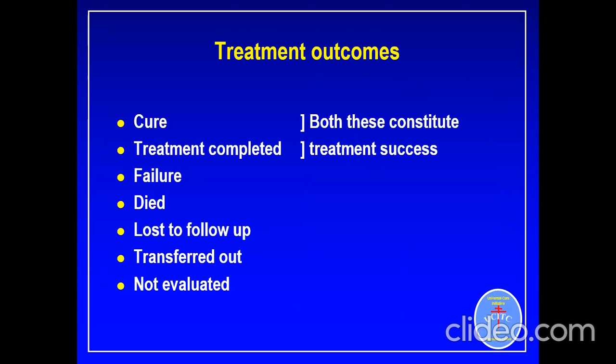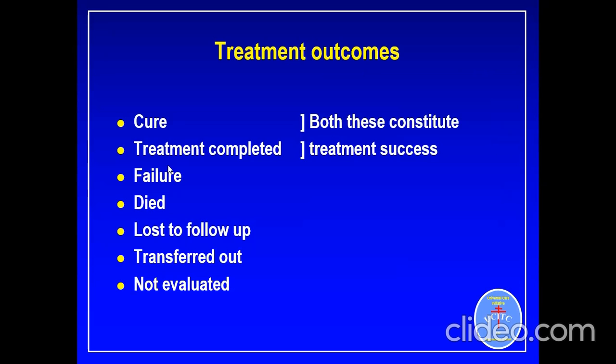And treatment completed is when the person either does not have an end of treatment sputum report, or he has a sputum negative initial report. Both these together constitute the treatment success for the program.